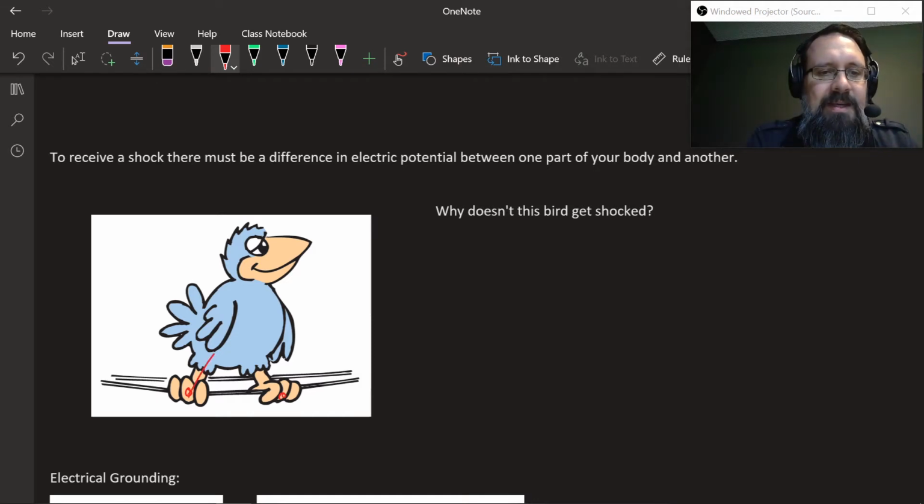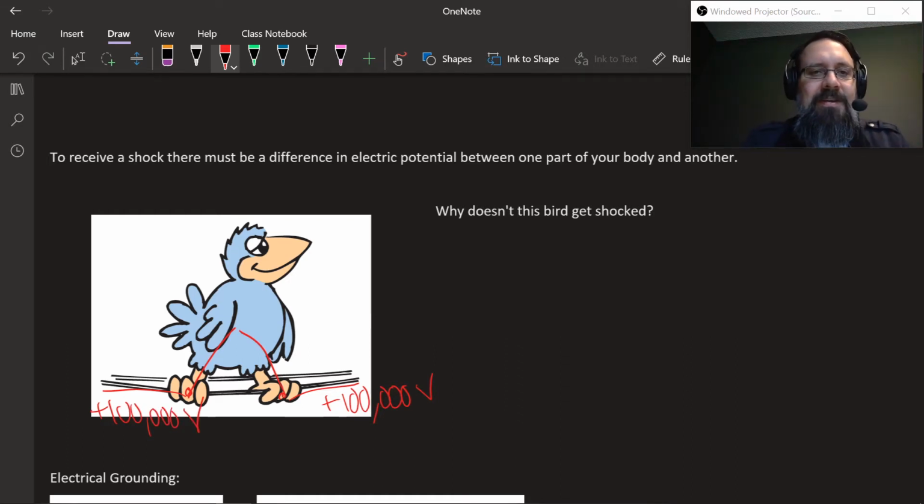The reason is that both sides of the bird are touching the same wire. If that wire is at, let's say, positive 100,000 volts, then what's the difference between the two sides of the bird's feet? The potential difference is zero. So the bird doesn't get shocked, because there's no potential difference.